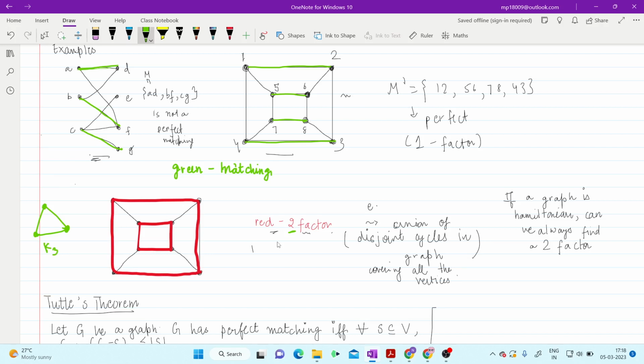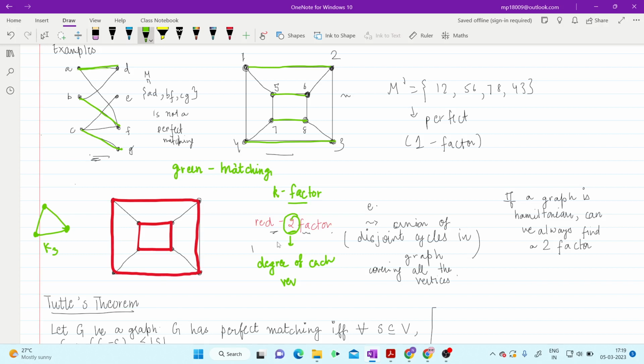So here the two is coming from the degree of each vertex in the subgraph. Since the degree of each vertex in each cycle is 2, therefore it is a two factor. Basically, when we are looking for a k factor in a graph, we are looking at a subgraph which is k-regular, that is, all the vertices should have degree k.